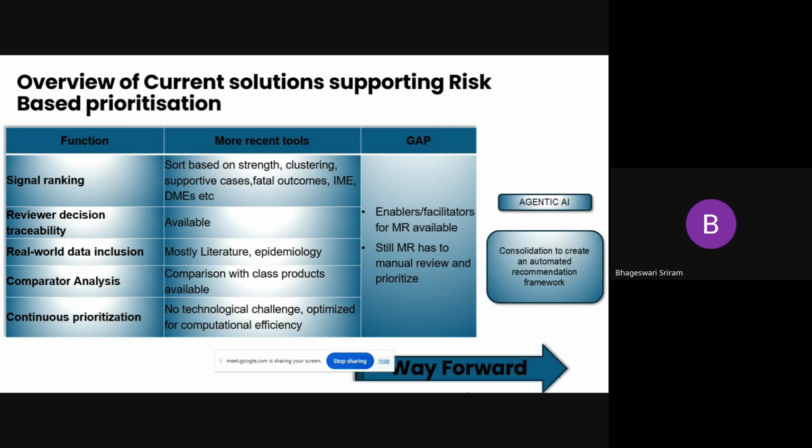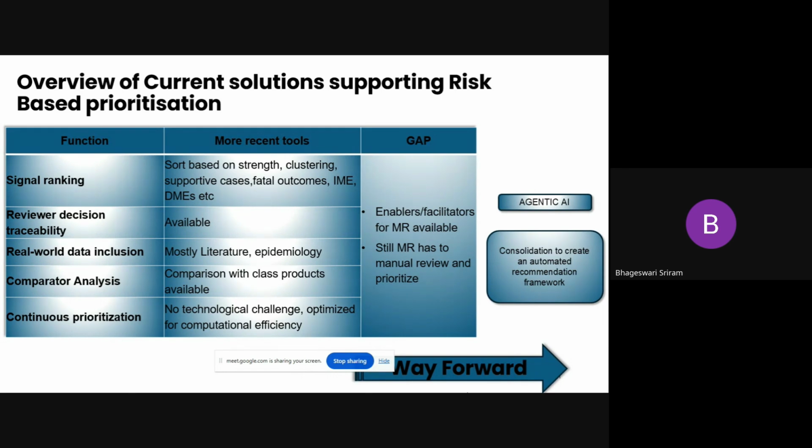So although we have recent tools that I spoke about, having most of these options and features supporting signal prioritization, where is there a gap or an area where we could use all the information? The medical reviewer still has to go and look for this information, but there is potential for consolidation and creating an automated recommendation framework.